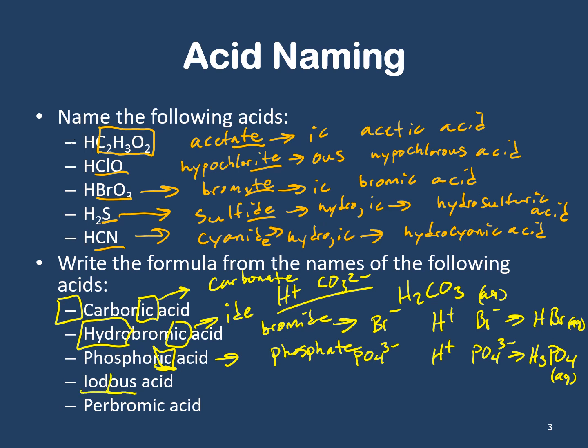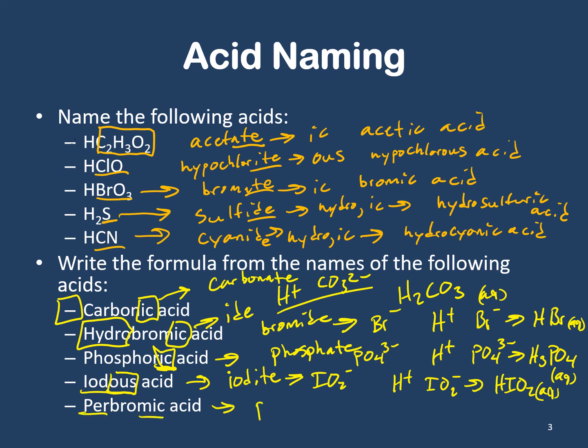Iodous acid, this OUS tells me that this was originally iodite, which we know is IO2 minus. And H plus and IO2 minus gives me HIO2 aqueous. Per-bromic acid tells me this was per-bromate, ATE from the IC part.